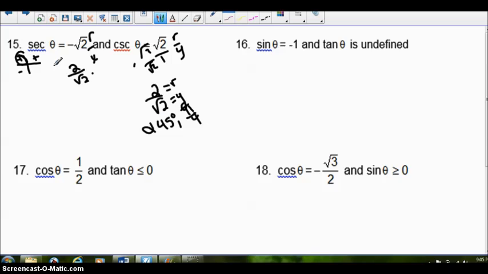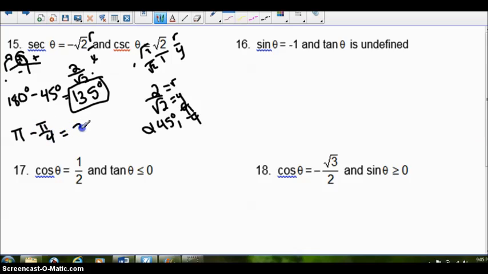So since it has to be in the second quadrant only, we know we're going to be coming back from the 180 to get there. So we'd be 180 minus 45 degrees, which is 135 degrees, or pi minus pi over 4, which is 3 pi over 4.